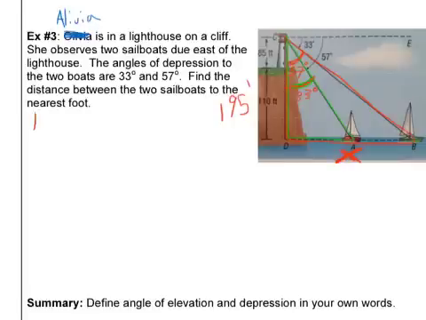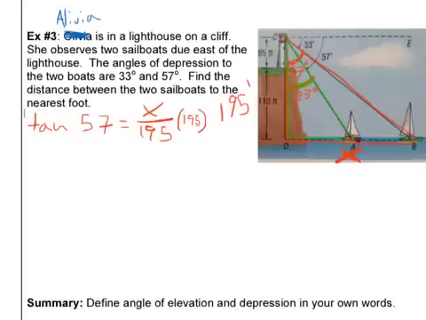So the tangent of 57 degrees is the opposite, x, over 195. So to solve for x, I multiply both sides by 195. So to write it prettier, I get x equals 195 times the tangent of 57.